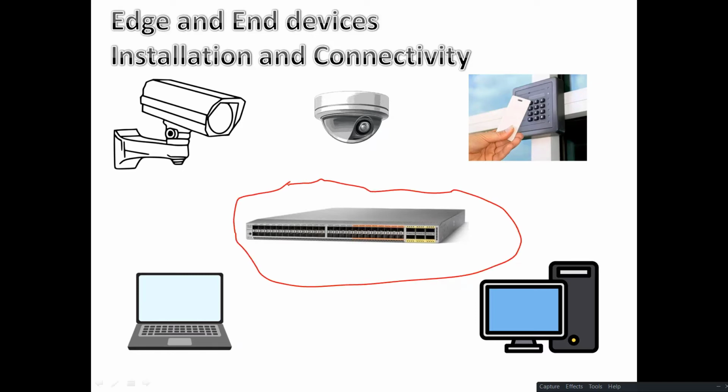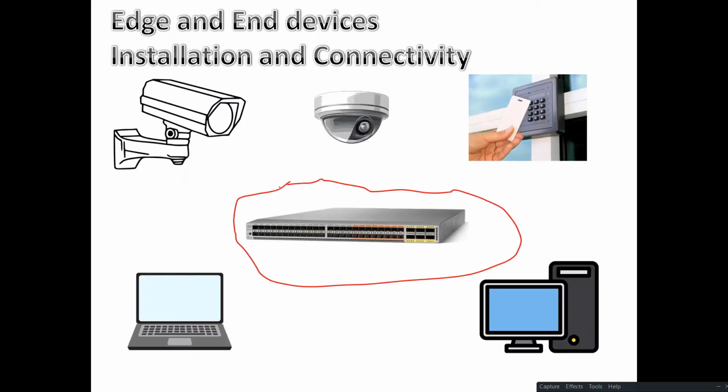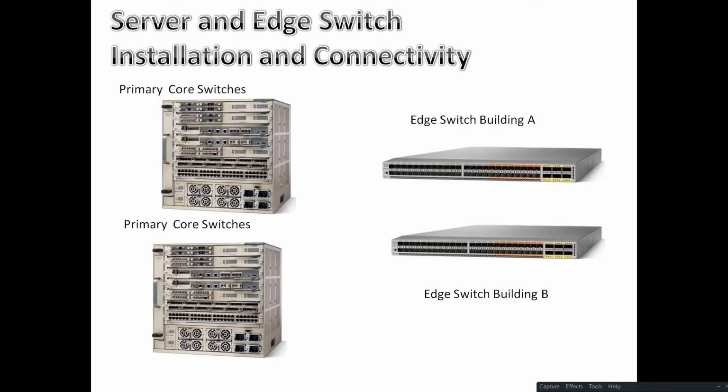Let's go to redundancy, then this one from the edge switch. We have edge switches from different buildings coming to the core switch, so we will have the same redundancy on both sides. Every building will be connected to a core switch, and then we go to the edge devices.